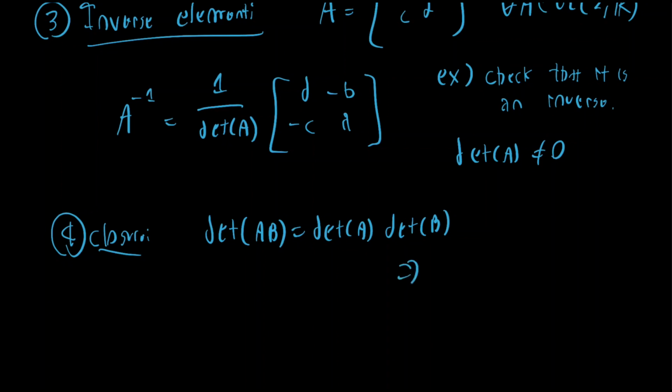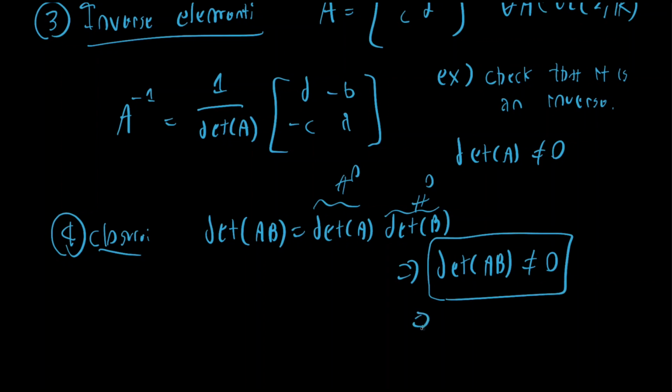This assures that if this is not equal to 0 and this is not equal to 0, then by the algebraic properties of real multiplication, in particular the fact that it has no zero divisors, the determinant of AB will also be non-zero, and so we will have that this is also closed.